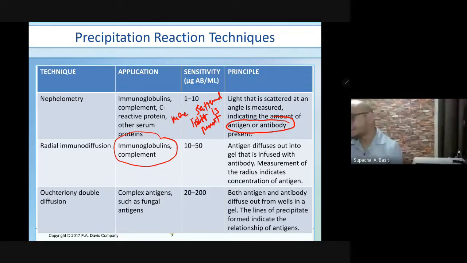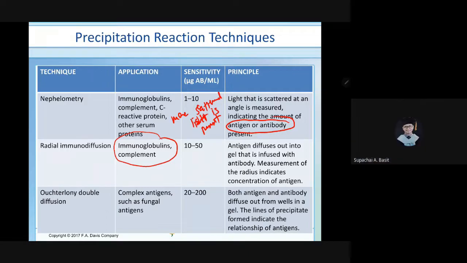Both antigen and antibodies diffuse out from wells in a gel. So the line of precipitate formed indicates the relationship of antigens.